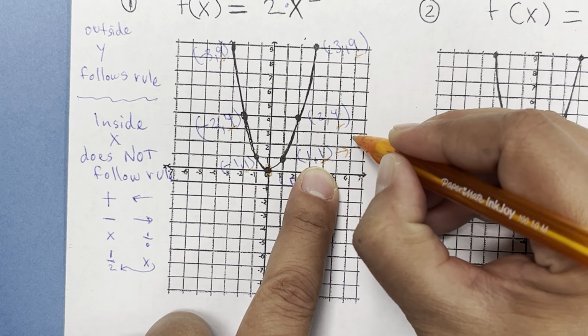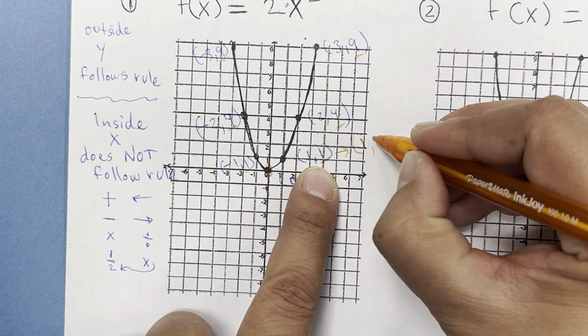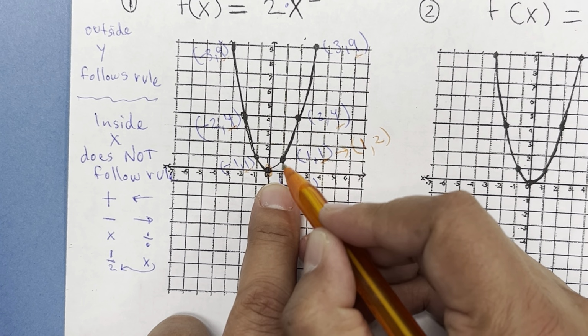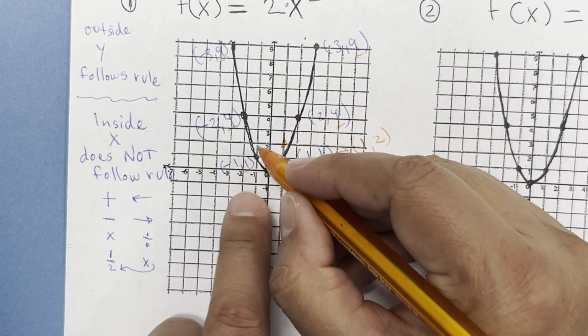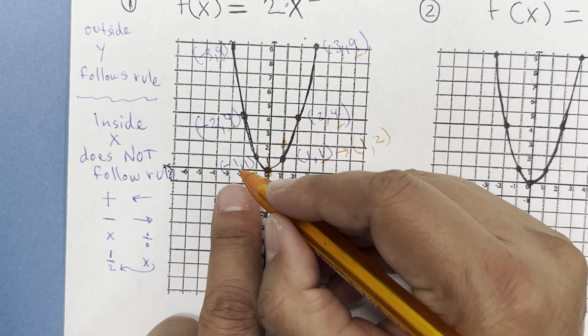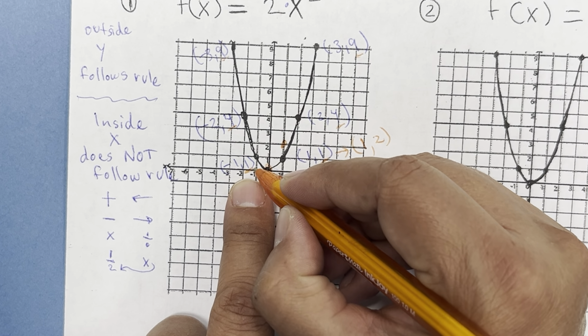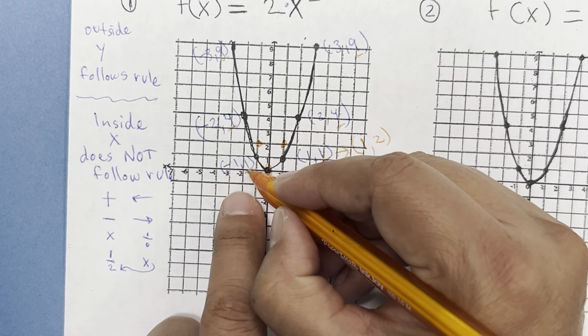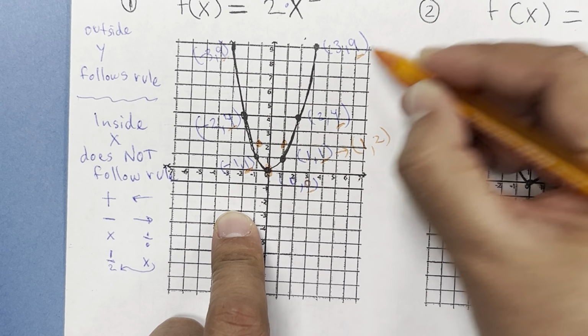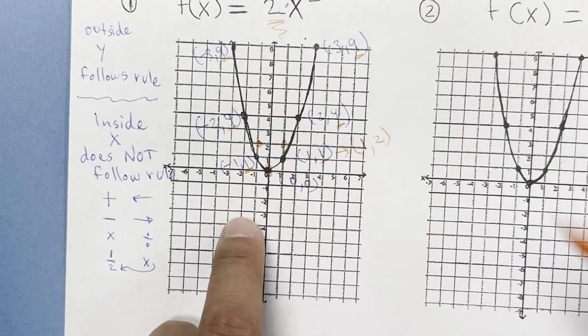So the new coordinate will be 1, 2. So it's 1, 2 right here. For this one, it's -1 for x, but then the y is going to be 1 times 2 is 2. So -1, 2. So all we're doing is multiplying the y values by 2.